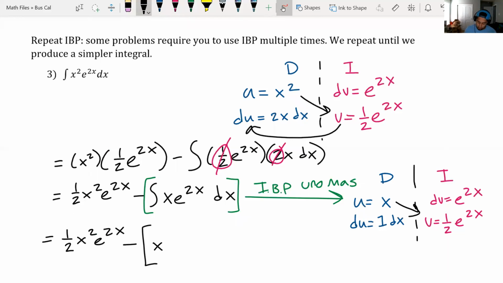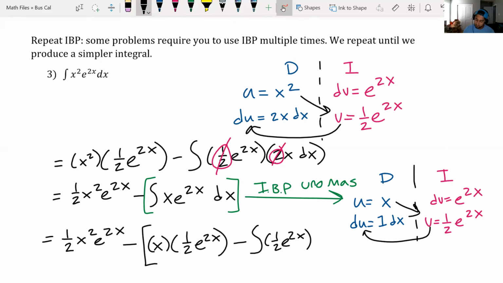So x times 1/2 e to the 2x minus the integral of v du, which is 1/2 e to the 2x times 1 dx. Close fancy bracket.